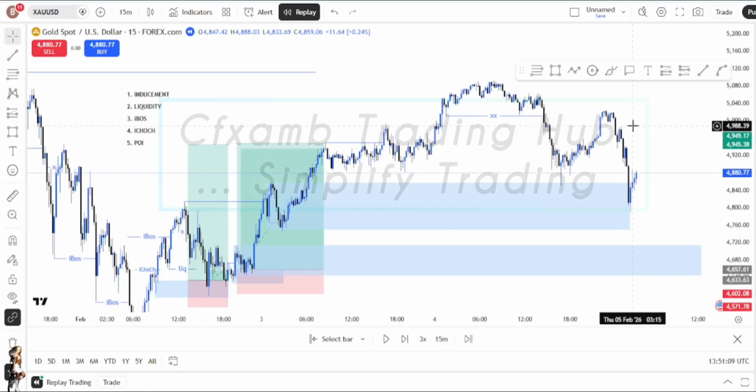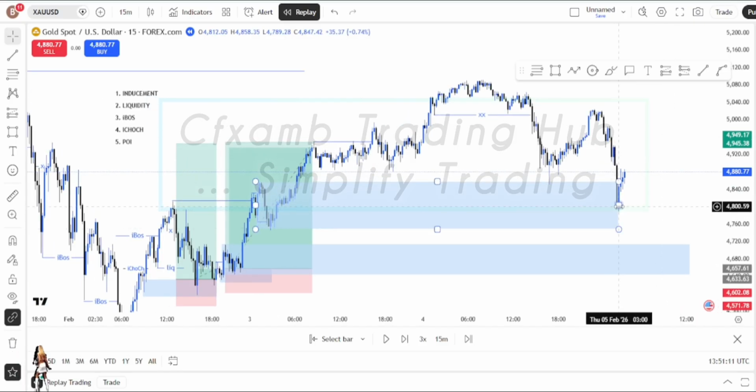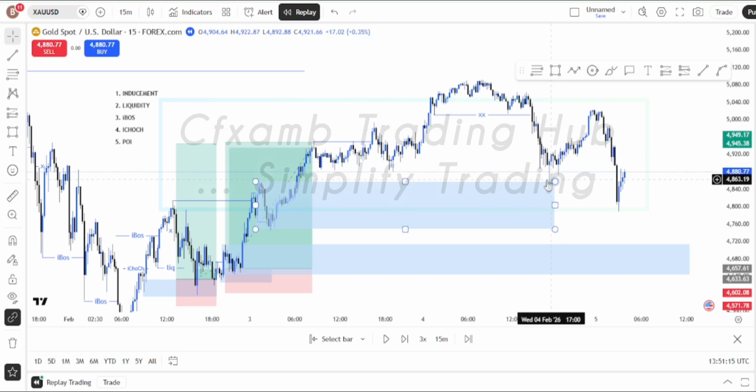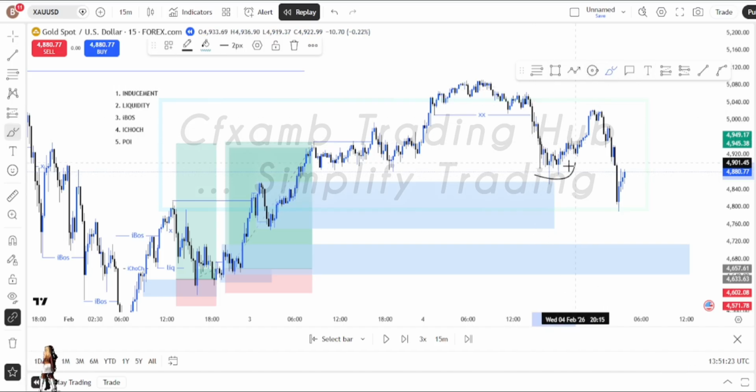Guys, that is why it's good to buy with confirmation sometimes. The market reacted from this zone without giving us any confirmation to buy. But with this weak rejection, some persons have joined the buy from here, and their target is this recent high.